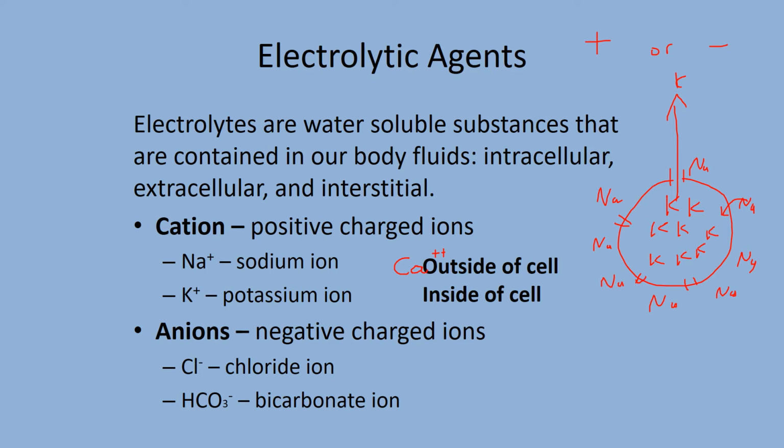Anions are negative. Chloride is usually outside the cell, and then there's bicarbonate, whose conjugate is carbonic acid, and for us that acts as a buffer. A buffer can accept a lot of acid or a lot of base without changing the overall pH.